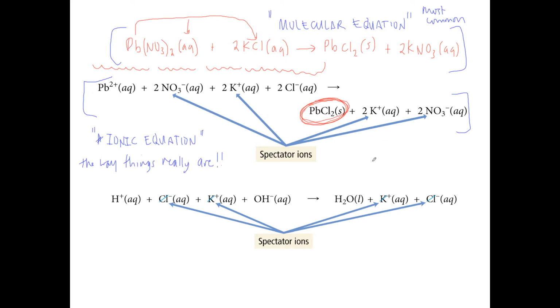Then we have another term which is not shown here, where we take the aqueous. See how nitrate is aqueous here, and it looks the same over here. Nothing happens. Doesn't do anything. What about potassium? That's aqueous, and it's aqueous in the end also. Nothing happens. Okay. What we could do, I'm going to draw this in red again, is say, well, what's really happening is lead and chloride is precipitating to lead chloride solid.